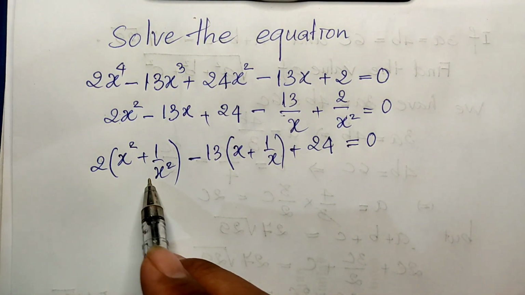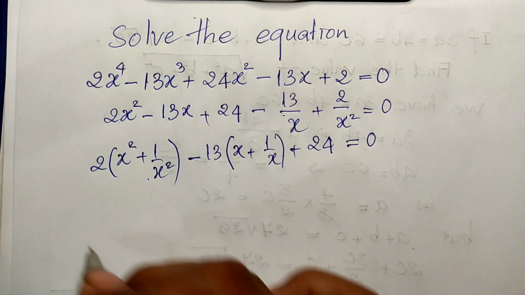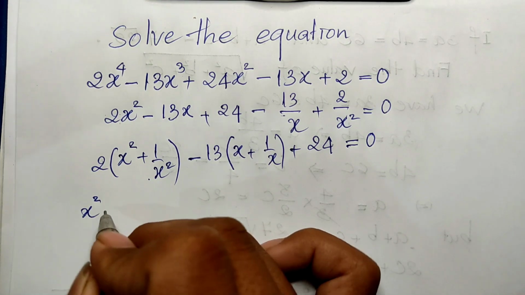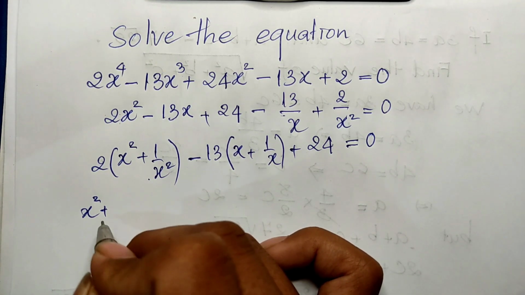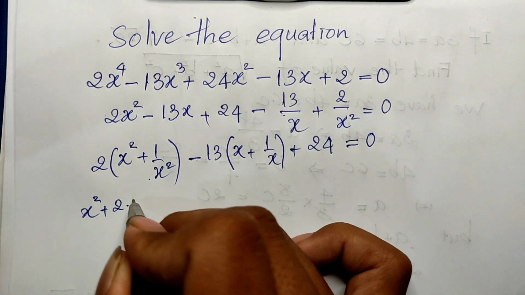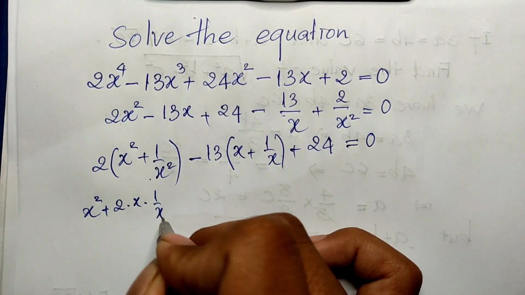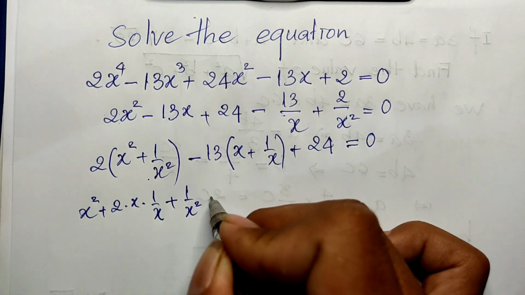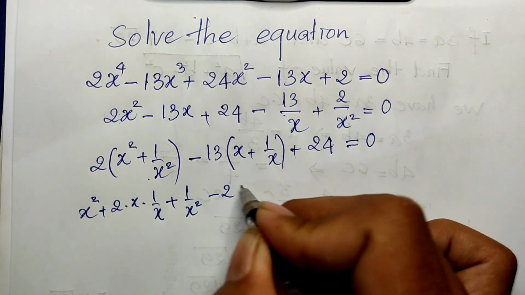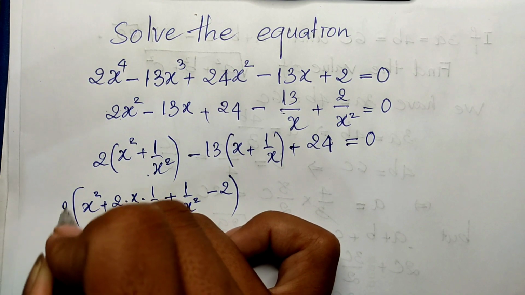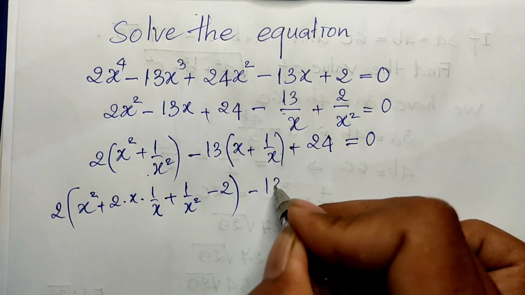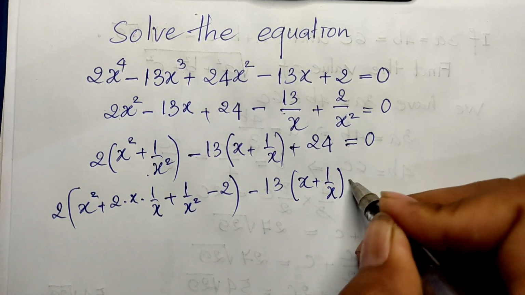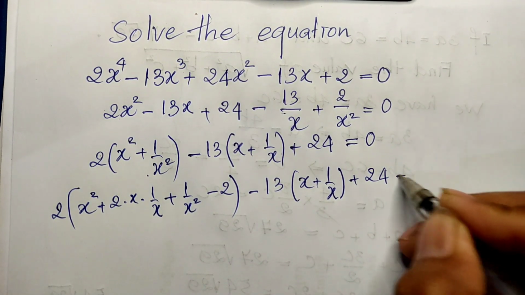And we can also write this as h squared plus 2 multiplied by h multiplied by 1 divided by h plus 1 divided by h squared, minus 2 multiplied by 2, minus 13 multiplied by h plus 1 divided by h, plus 24 equals 0.